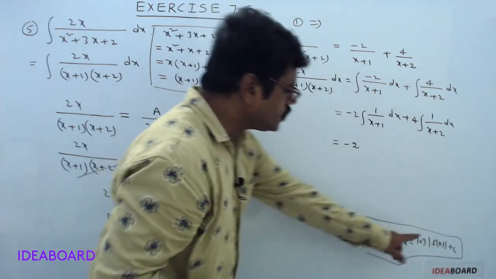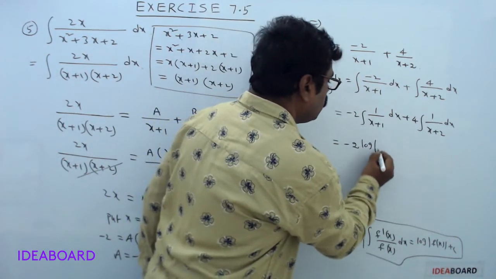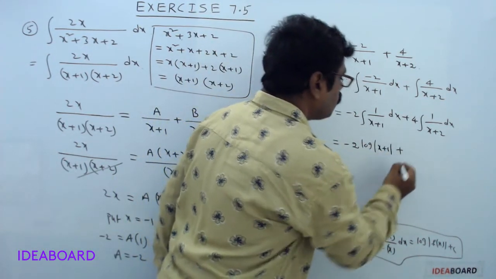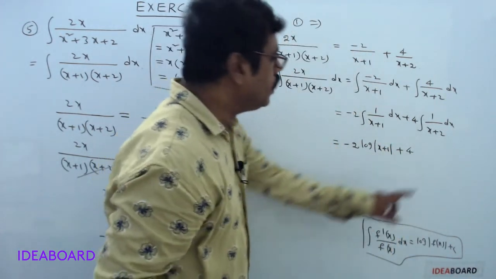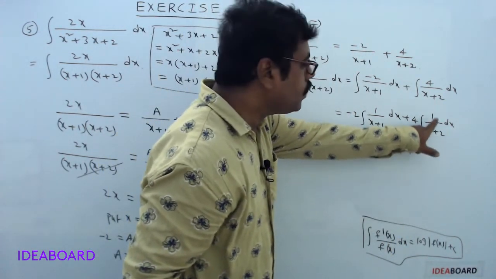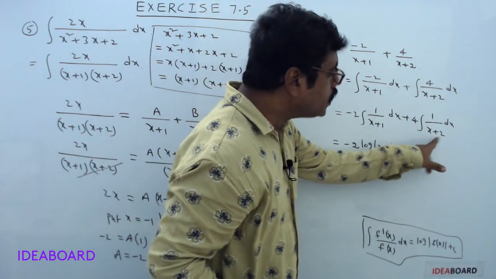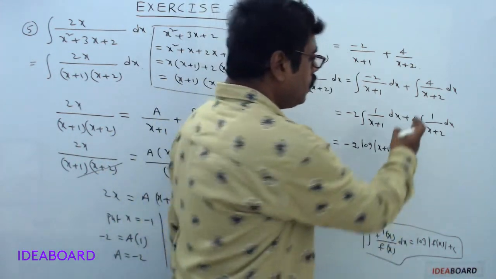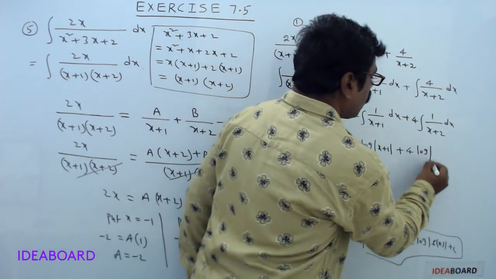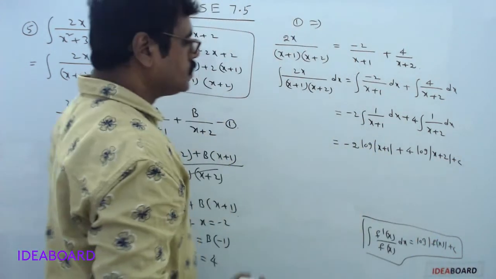So by using this formula, what is its answer? Log mod x plus 1, plus 4 into, again derivative of x plus 2 will be 1. So the derivative of the denominator is in its numerator. Again by using this formula, what is its value? Log mod x plus 2 plus a constant c.